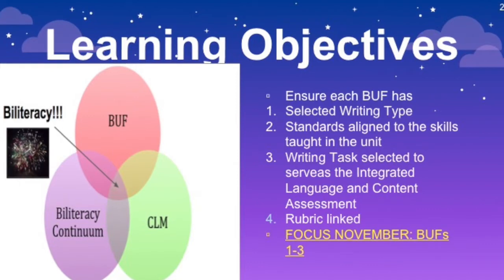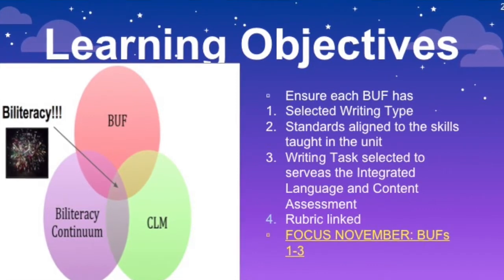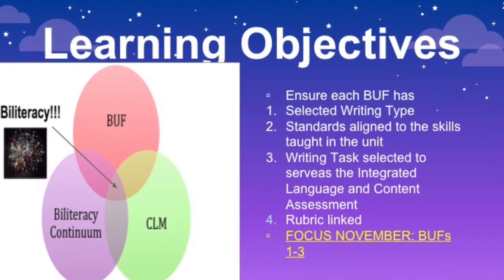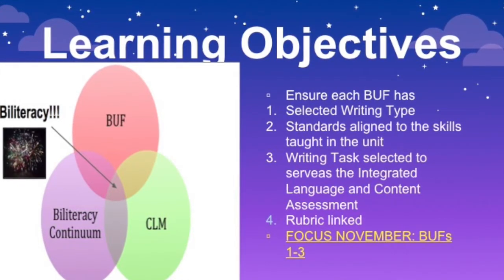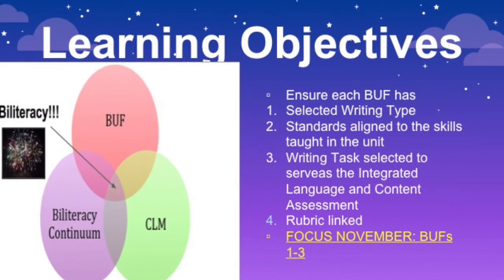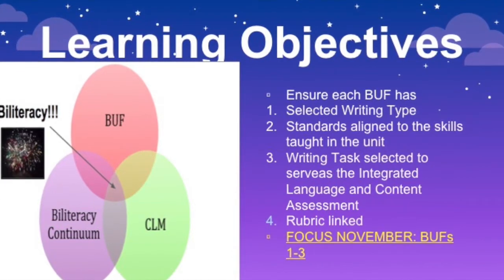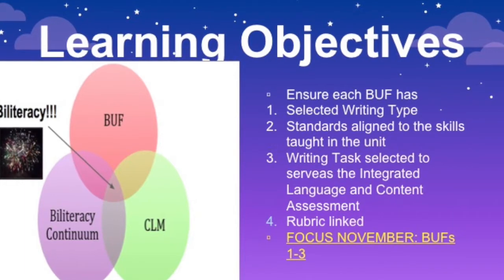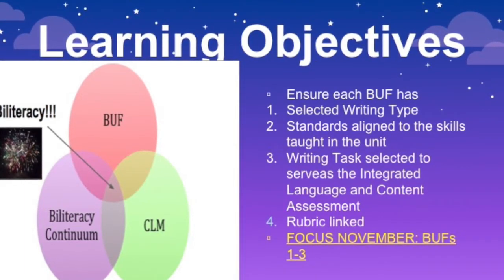So at each grade level, 2 to 5, you guys took a look at the writing types that were missing or had gaps in them. Today what I'm going to ask you to do is to take a deeper look at the standards that the students are going to be able to access in those writing types that you've selected.